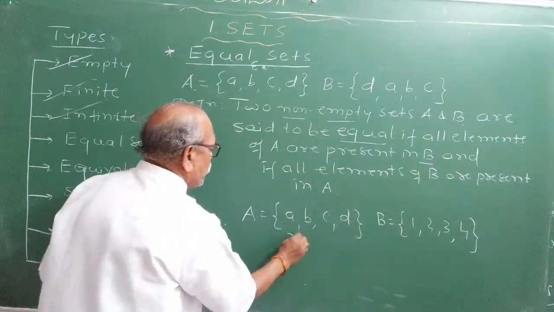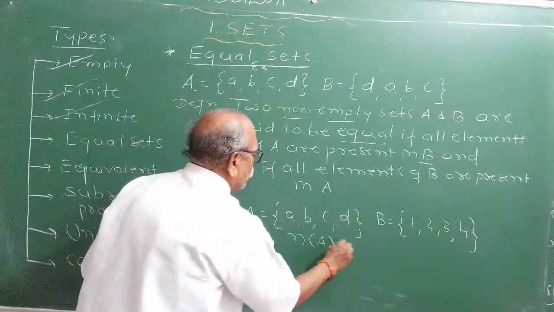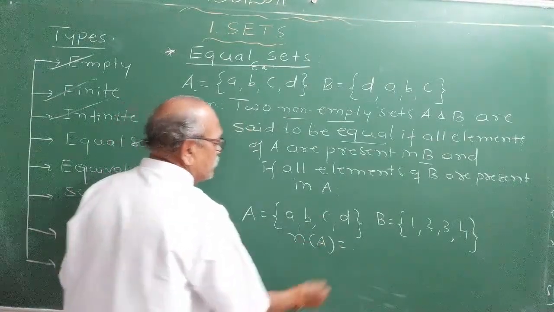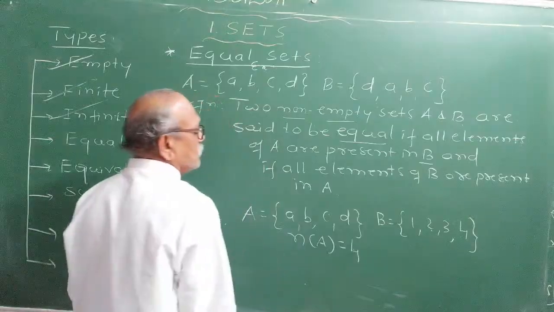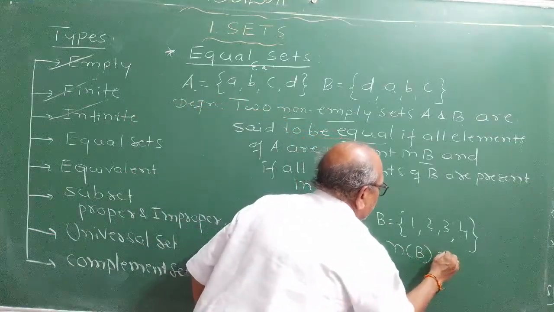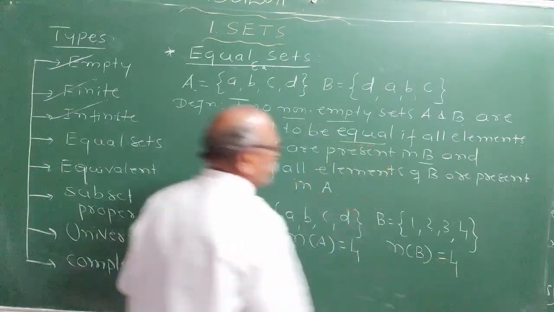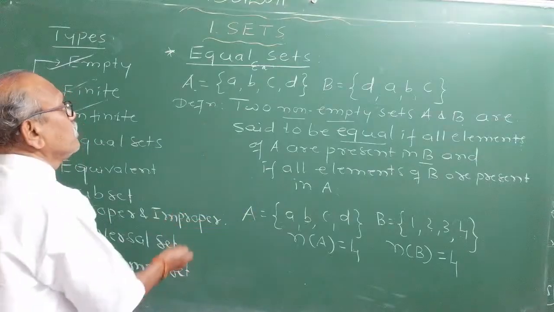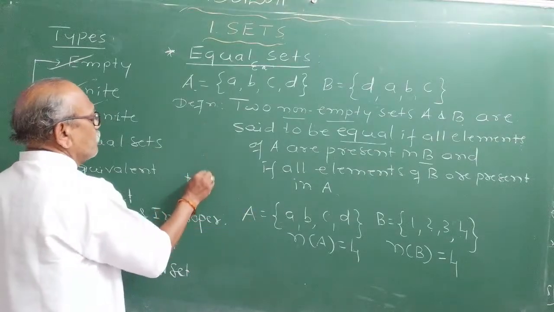If you observe, the number of elements of A is the cardinal number. The number of elements of A is 4. The number of elements in B is also 4. Such sets which have the same cardinal number are called equivalent sets.